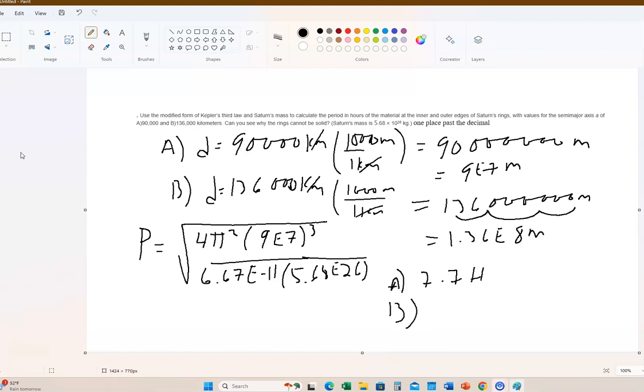Times 10 to the 5th, and then 3 more zeros would be times 10 to the 8th. All right, and then raised to the 3rd, and then divided by parentheses 6.67 times 10 to the minus 11th times the mass of Saturn, which is 5.68 times 10 to the 26th.